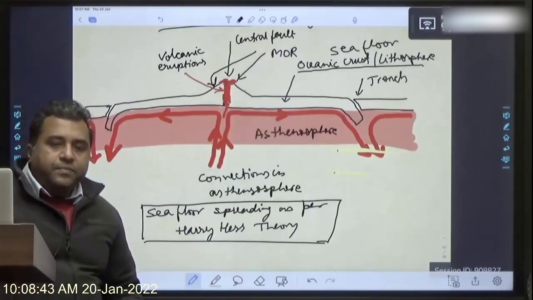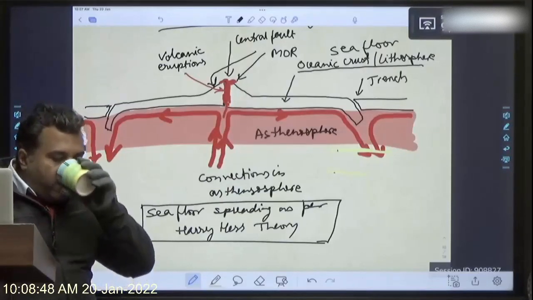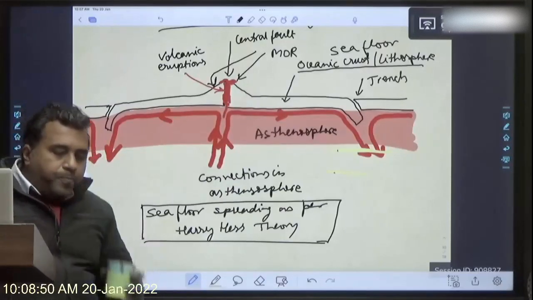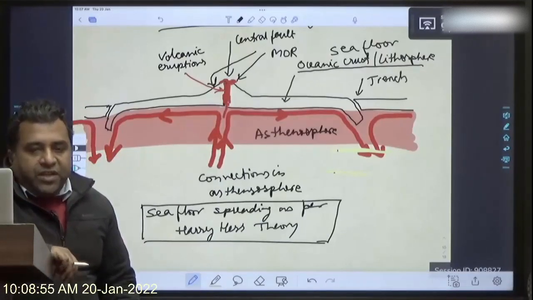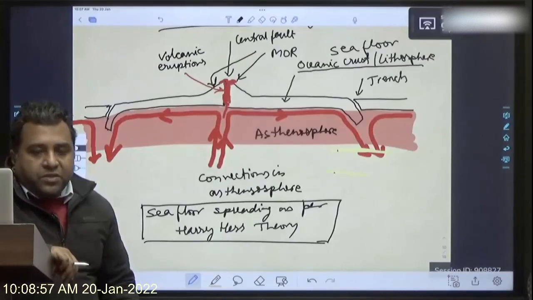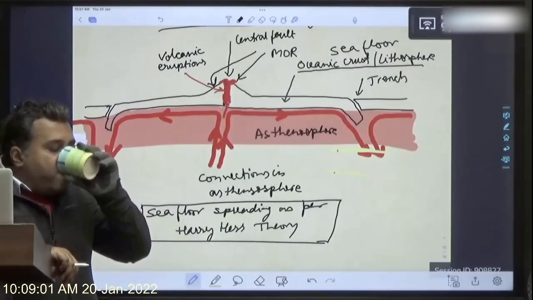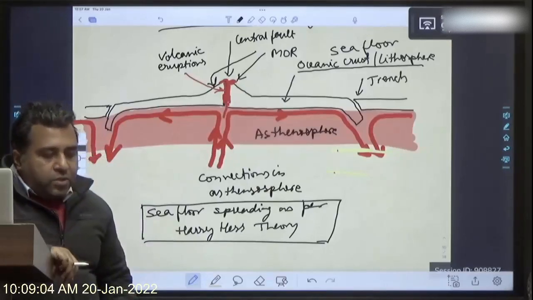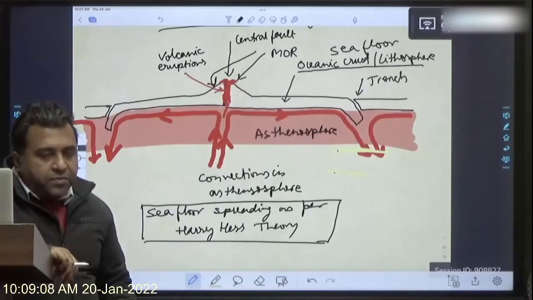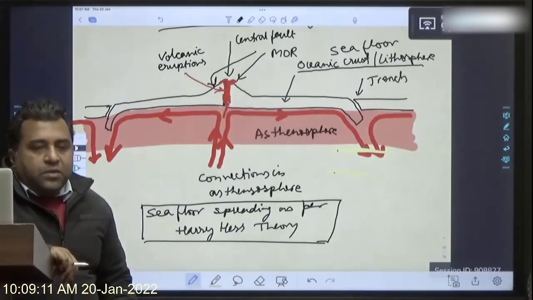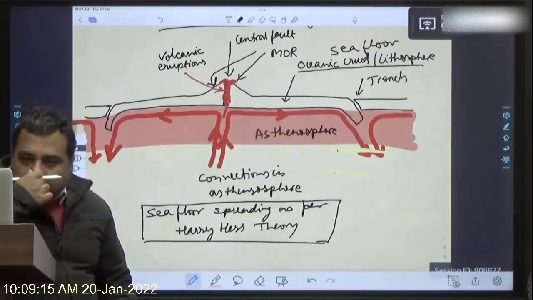Harry Hess stated that the oceanic crust or lithosphere, comma, the top of which we call as sea floor.